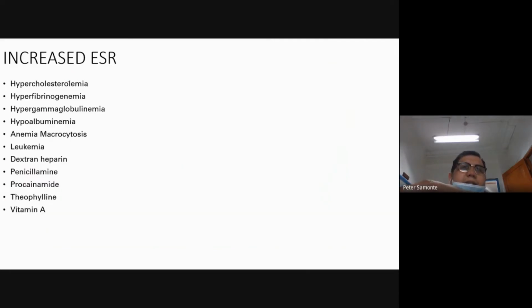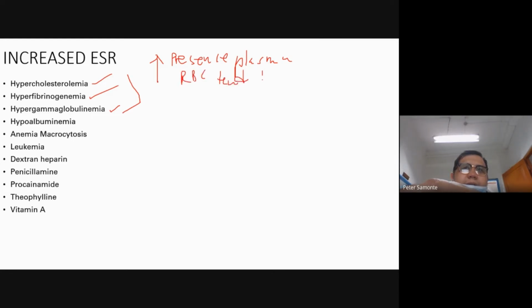So your ESR is increased in different disorders. So we have your hypercholesterolemia, hyperfibrinogenemia, hypergammaglobulinemia. Now, itong tatlo na to, class, this would have increased presence sa plasma nyo. And kapag increase ang presence niya sa plasma nyo, your RBCs tend to be heavier.